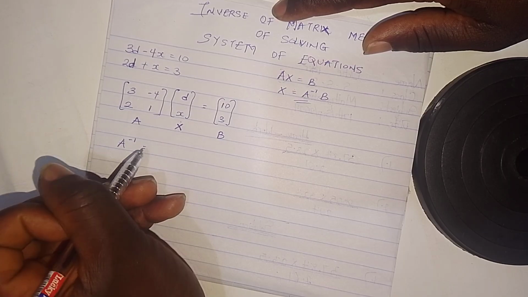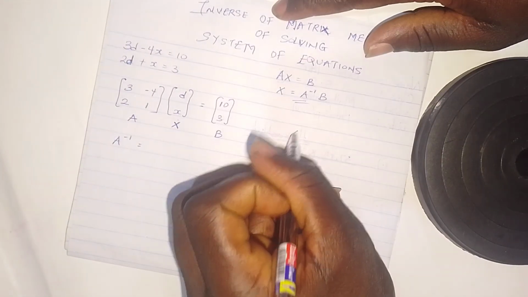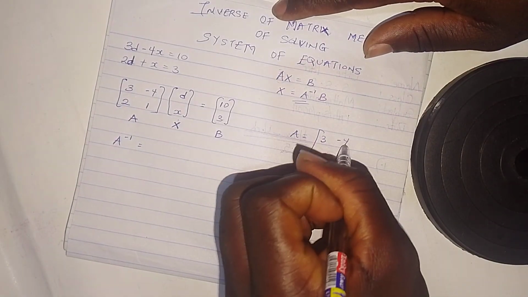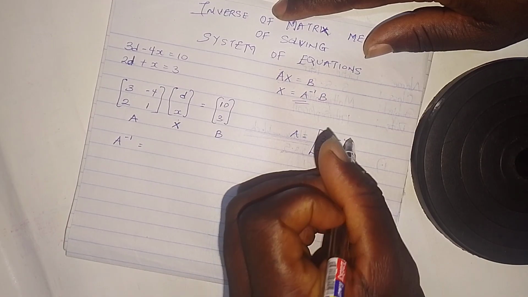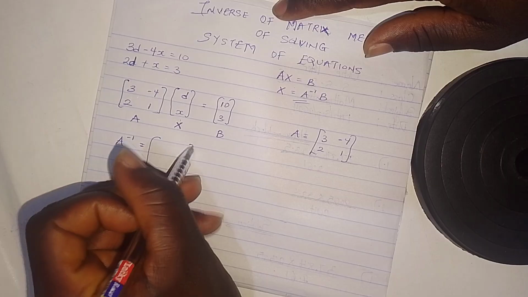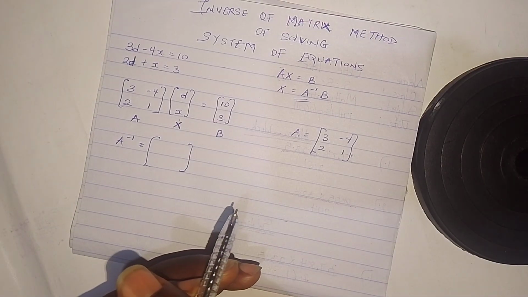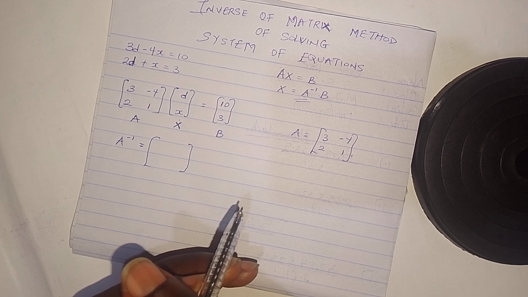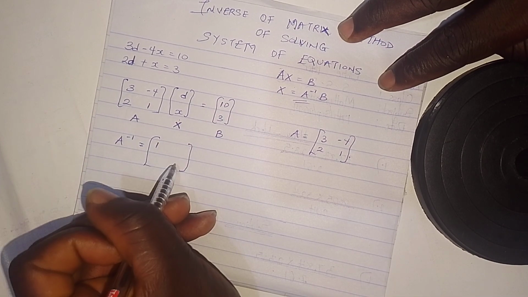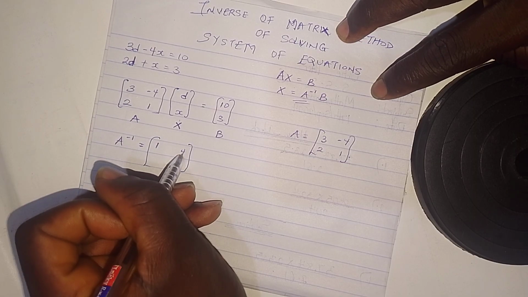Since A is 3, minus 4, 2, and 1, then A inverse would be 1, 3, then we have 4 minus 2.